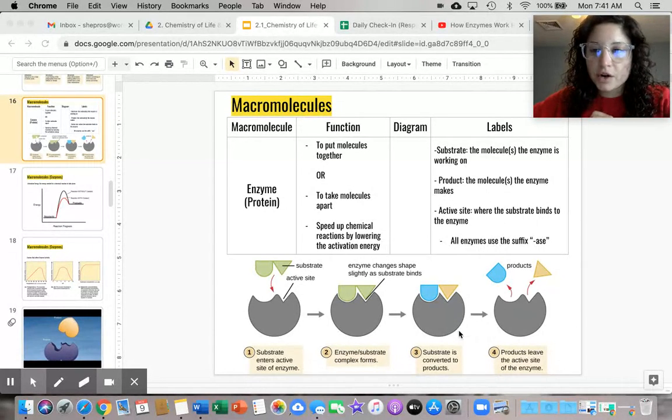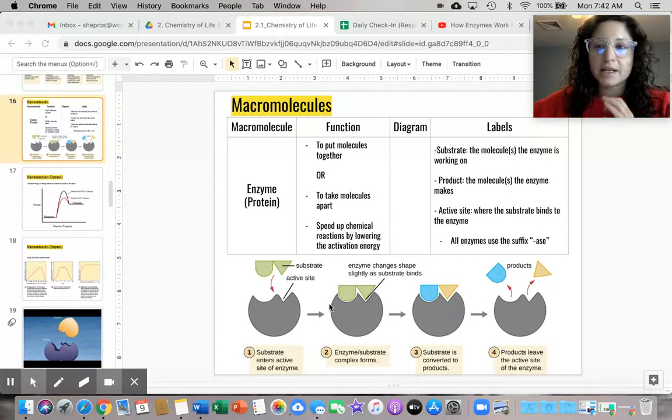I do want to note that in this process, in order to break the molecule apart, the enzyme does have to change shape. However, at the end of this process, the enzyme does revert back to its original shape, and so it can be recycled and reused multiple times.